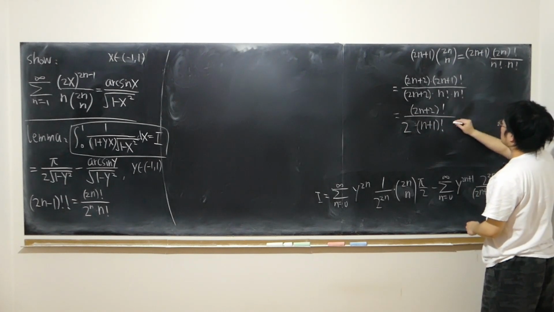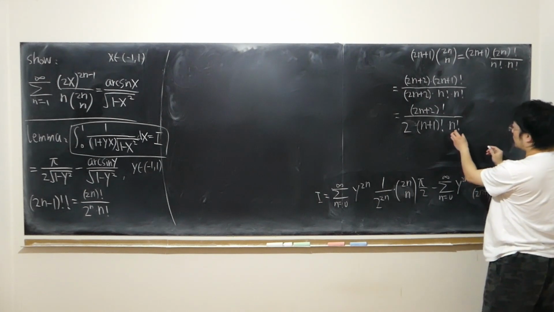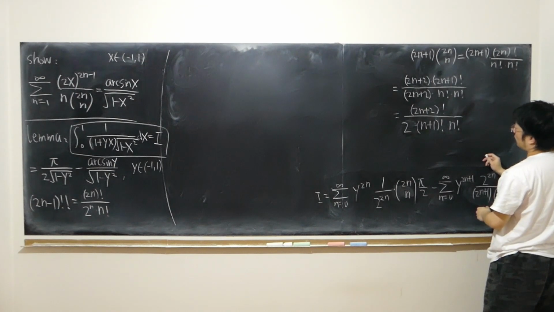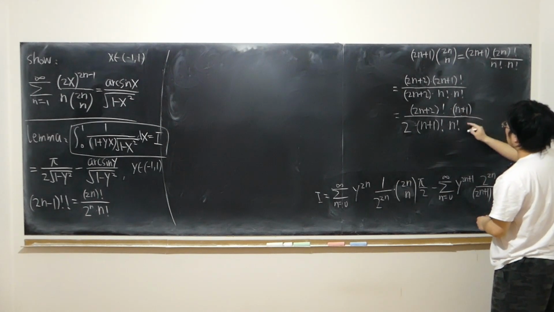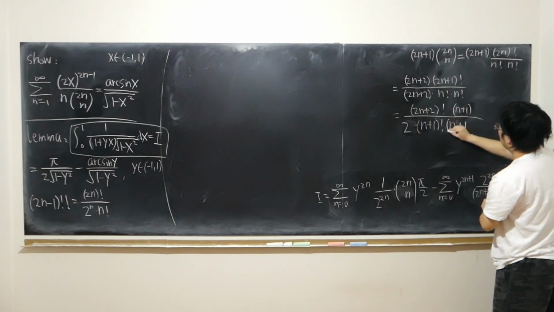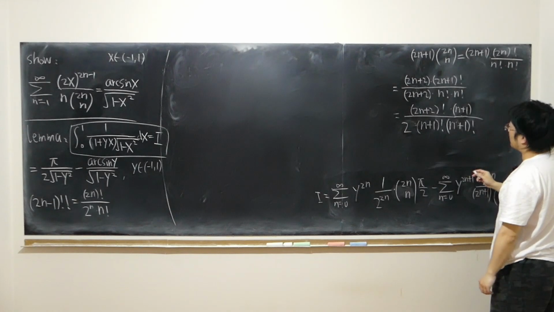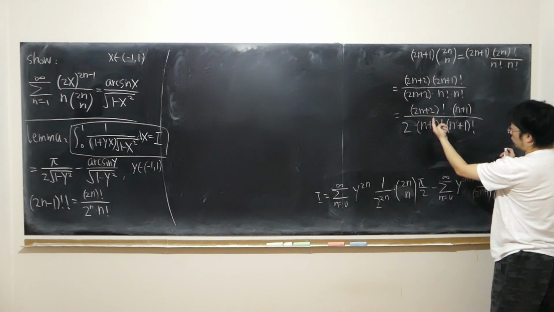I copy down this. Right? I still want another n plus 1 factorial. So what do I do? I multiply by n plus 1, up here and down there. Now I have another n plus 1 factorial. So in fact, this time 2n plus 2 factorial over n plus 1.